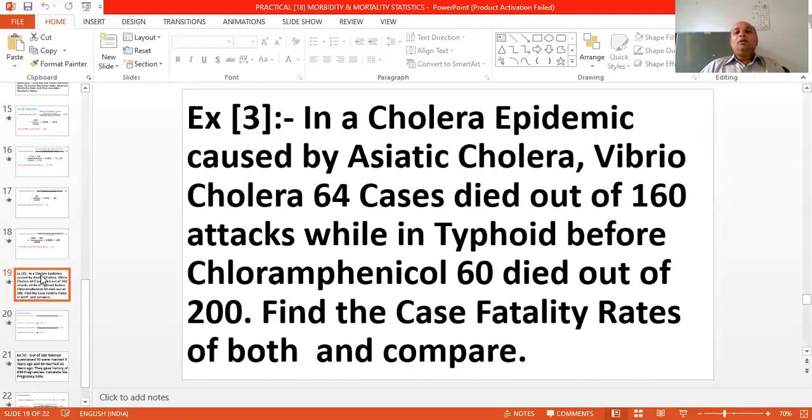Example third. In a cholera epidemic caused by Vibrio cholerae, 64 cases died out of 160 attacked, while in typhoid 60 died out of 200. Find the case fatality rate of both and compare.